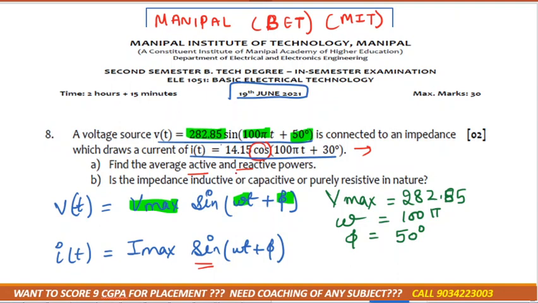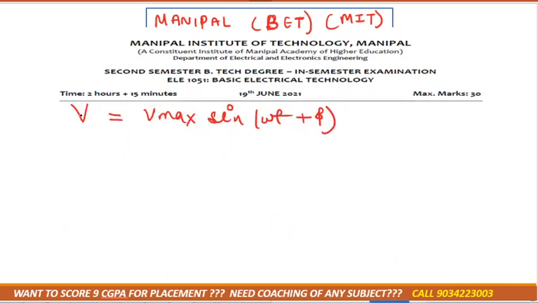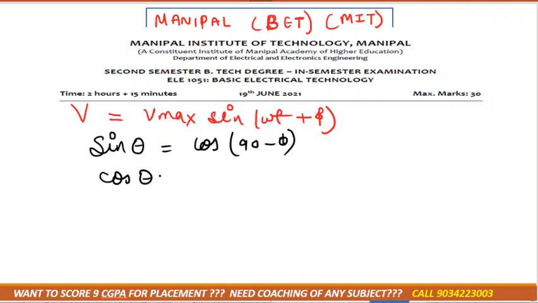If there is a cos equation and we want to convert it into sine, remember you have studied the formula in the 10th class, that is sine theta is equal to cos of 90 minus theta, or cos theta is equal to sine of 90 minus theta, right?